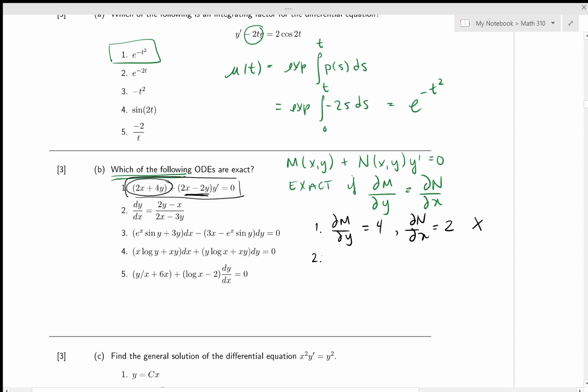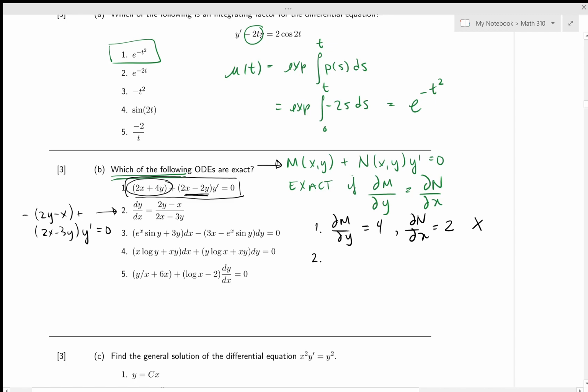Go on to the next question. Okay, I see it's written in a format that I can't see directly, so I'm looking at question number 2. I just rewrite it in this form here, so I can make sure I have M and N identified correctly. And when I do that, I get minus 2y minus x plus 2x minus 3y y prime is equal to 0.